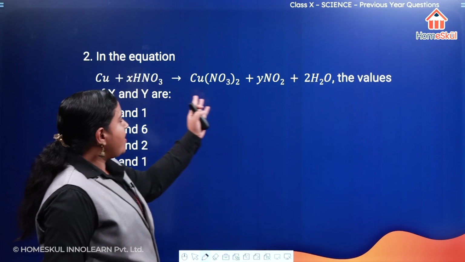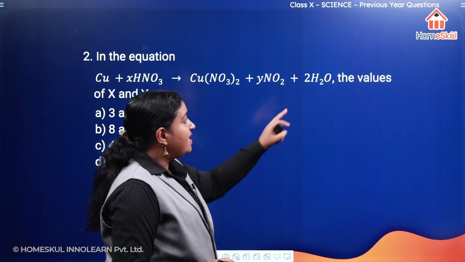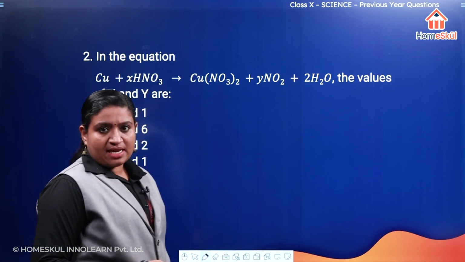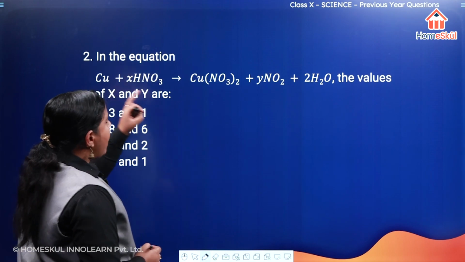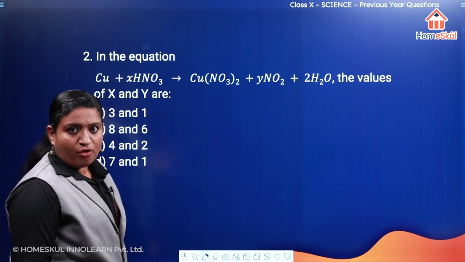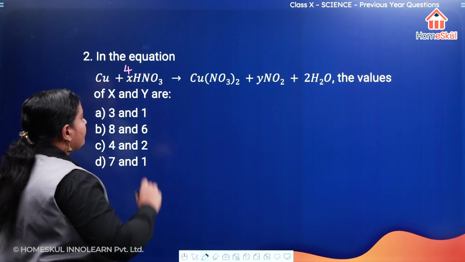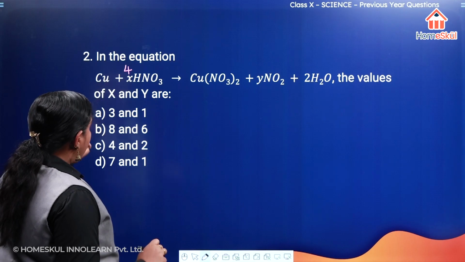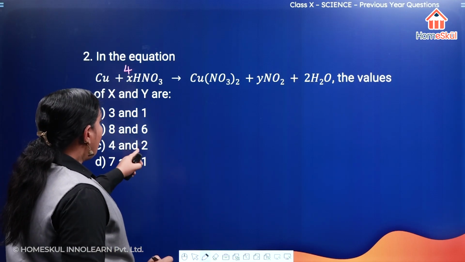So look at this equation. Here you can see on the right hand side there are 4 hydrogen atoms in the water molecules, right? So how many hydrogen should be there on the left hand side? It should also be 4, isn't it? So X is 4. So out of these, D has X as 4. So Y is 2 here.